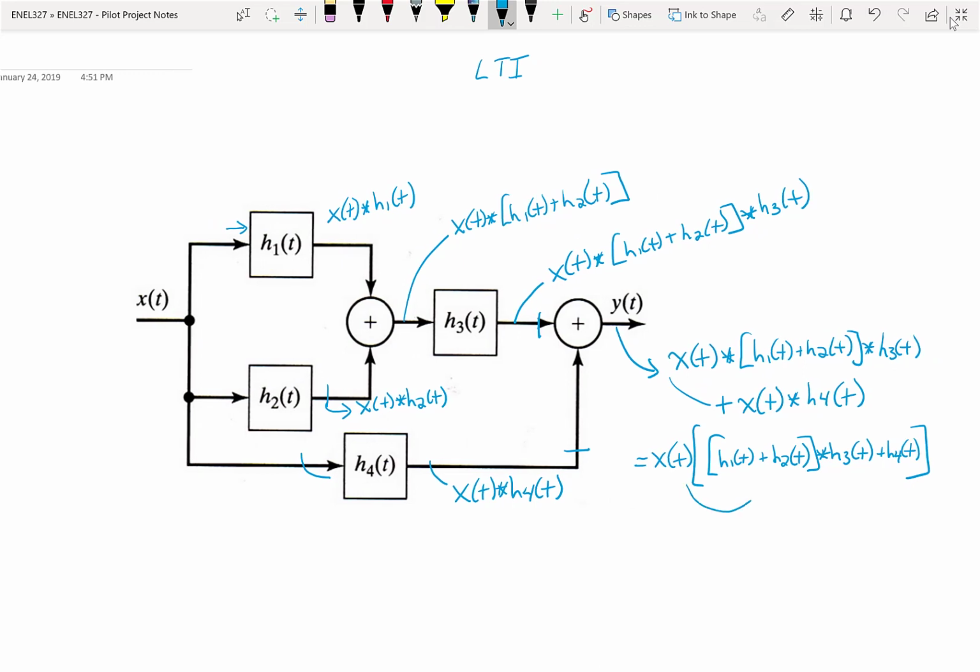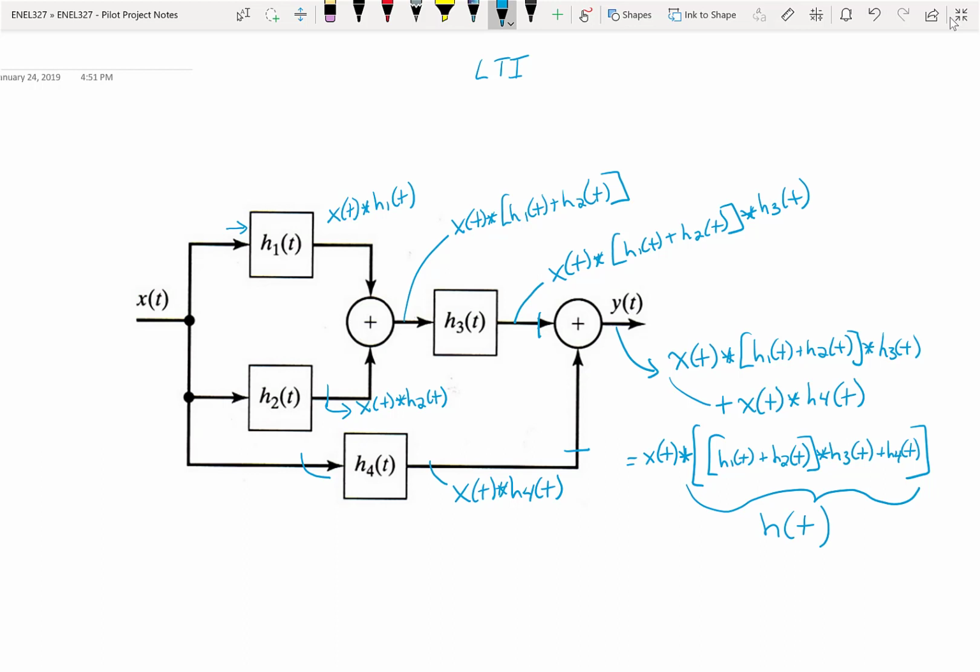Sorry, I forgot, I should have x of t convolved with that. So this is basically the impulse response of the entire system.